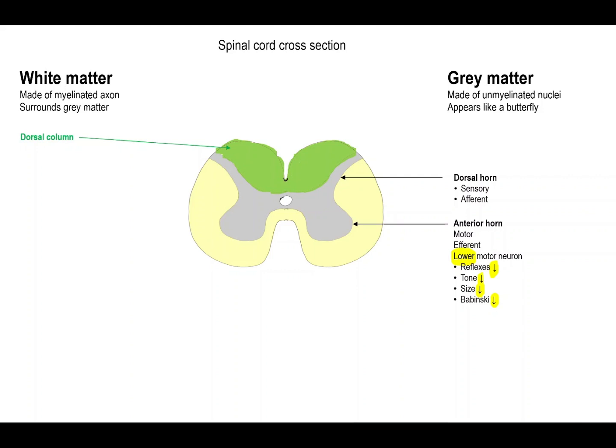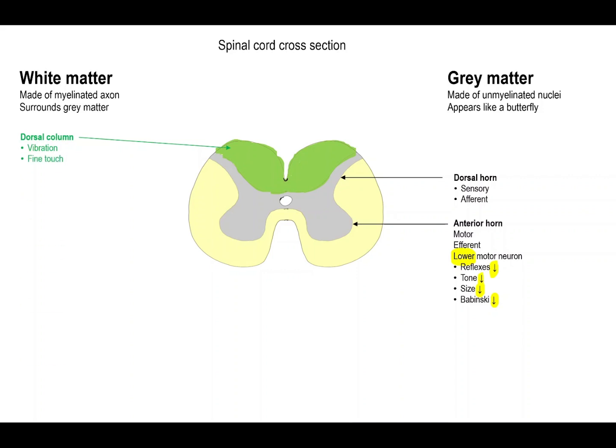It's purely sensory. So what is it responsible for? What is its function? Its function is sensing position, sensing vibration, sensing fine touch. Vibration, when you're sitting, you can feel the earthquake or you can feel the train going by. That vibration is sensed by dorsal column.